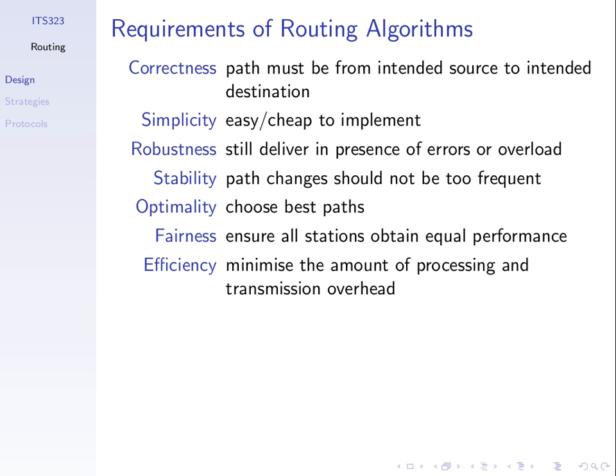That is, we want to treat all nodes equally, if possible. Sometimes it's not possible because there are trade-offs with optimal paths and efficiency, but ideally treat all nodes the same. We'll see some examples of these requirements as we go through, especially efficiency, optimality, and maybe even robustness and stability, not fairness though.